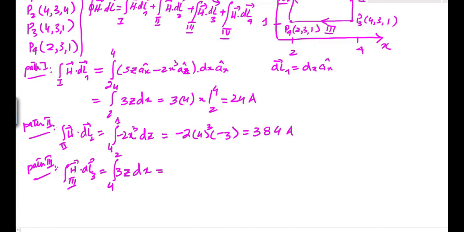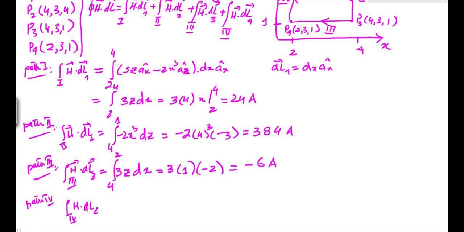You can see the value of z for this whole path is constant, which is 1. So I can write this as 3 times 1, and the limits will give minus 2, so this will give me minus 6 amperes.